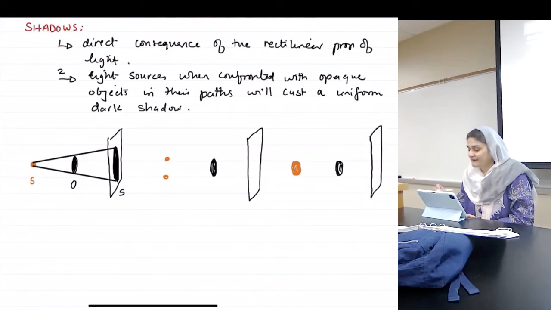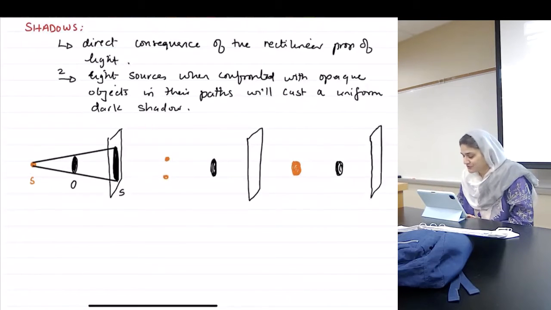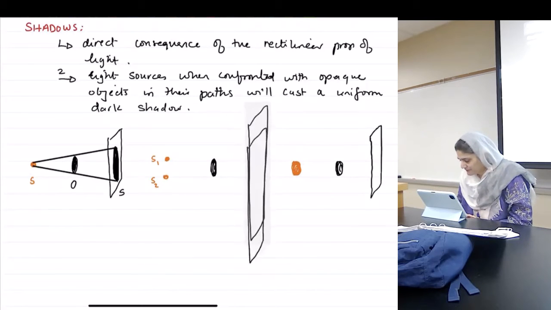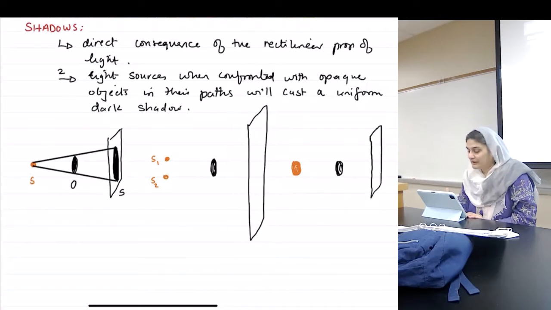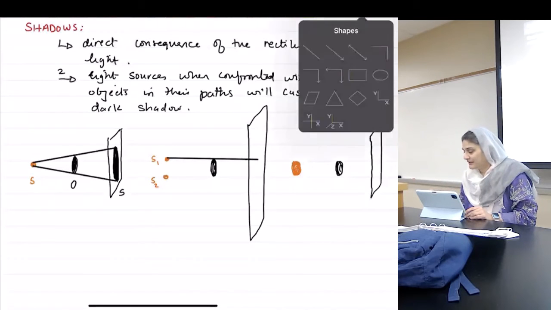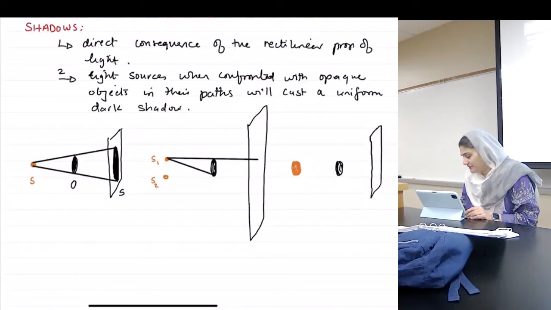When you have two sources, let's say source 1 and source 2, I may have to make this bigger. I'm going to try to draw one with black and change the color for the other. There's going to be one ray that comes out, and then another ray that goes this way.